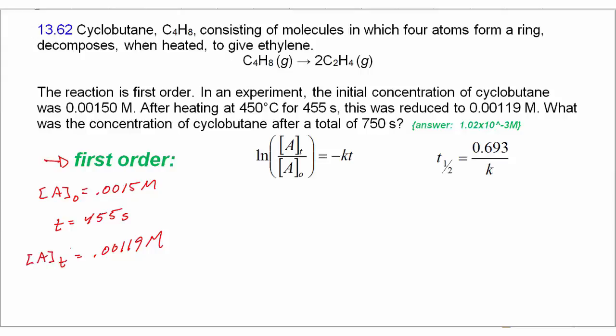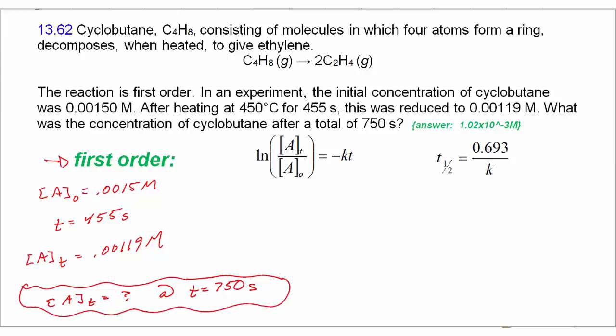What was the concentration of cyclobutane after a total of 750 seconds? So now we've got 2 of these. What's the concentration of cyclobutane at T equals 750 seconds? That's what we want to find.